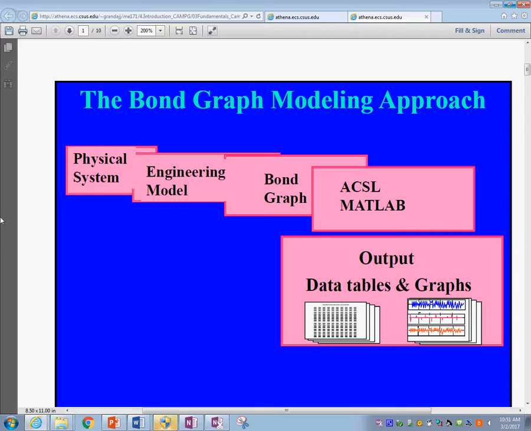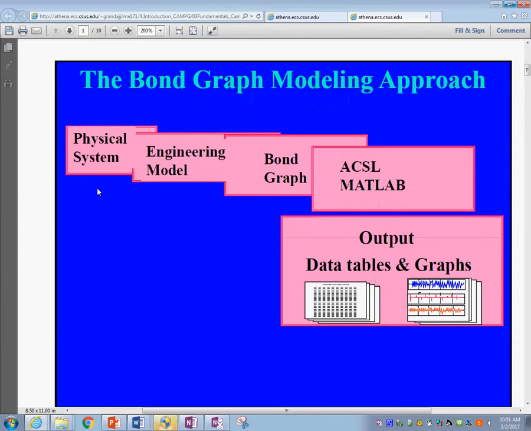So in here you have a physical system. Then we create a sketch or call it an engineering model, and then we make a one-to-one relation between the physical system and the symbols of bond graphs.